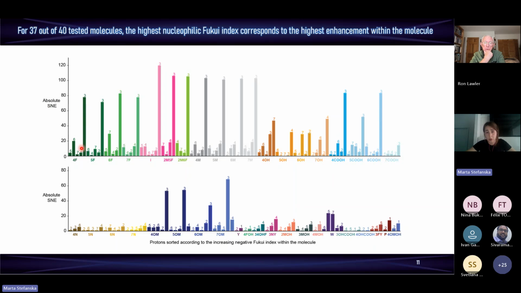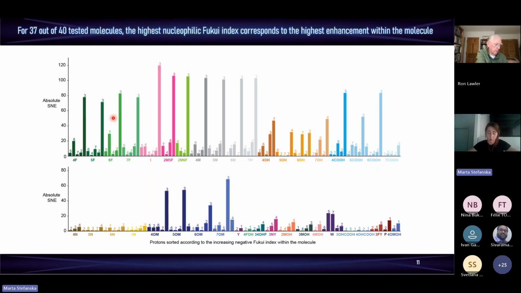And usually the first one is the highest, meaning that nucleophilic Fukui index is actually a very good local indicator of the site with high Photo-CIDNP enhancement within the molecules.